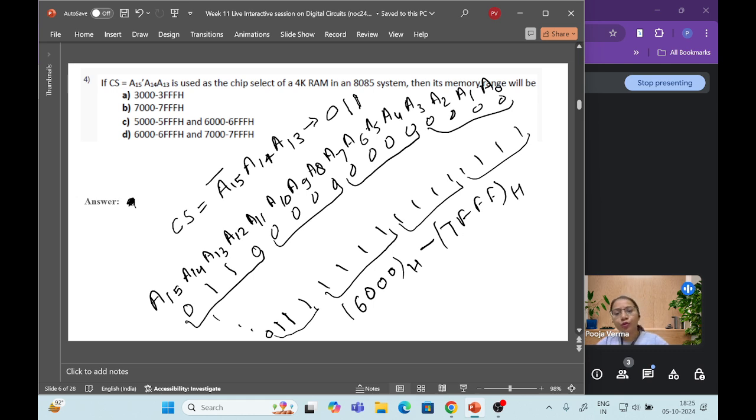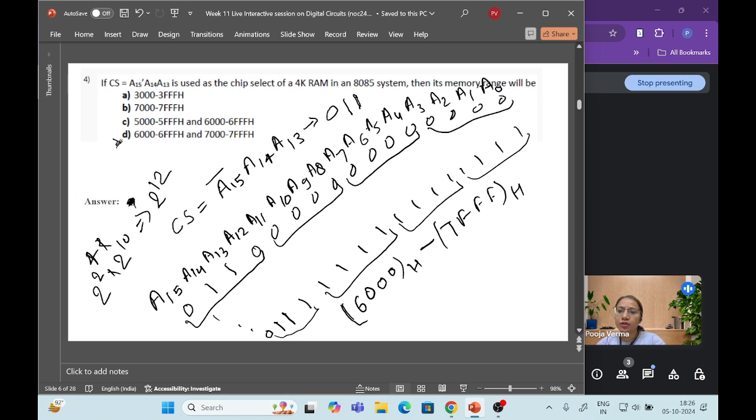And here it is a 4K RAM. As we already know, K is 2 to the power 10, so 4K is 2 to the power 2 into 2 to the power 10, that is 2 to the power 12. So from here it can vary. If we write 6000 to 7FFF, only option B is matching.